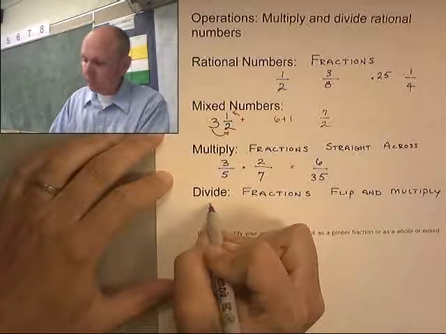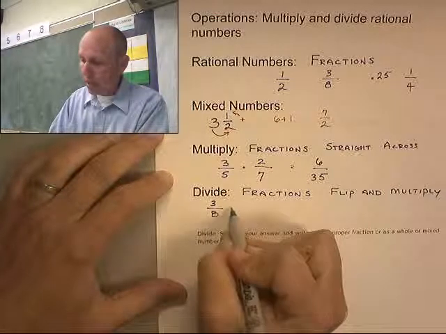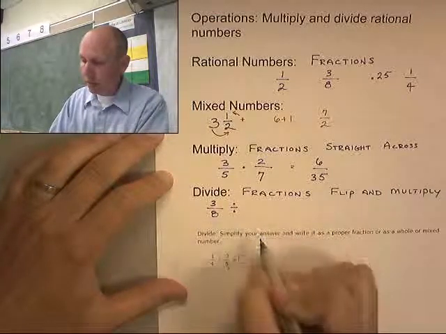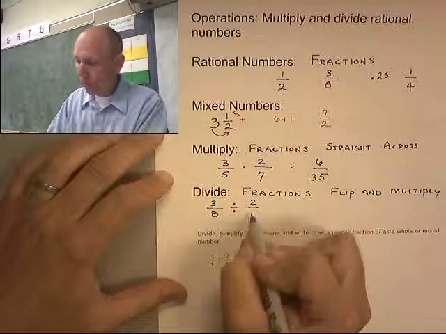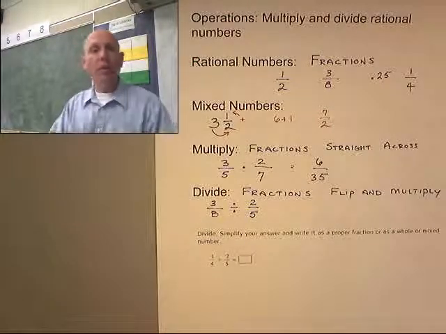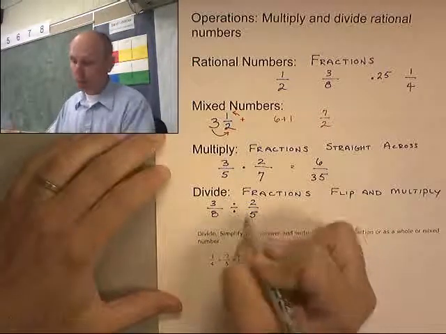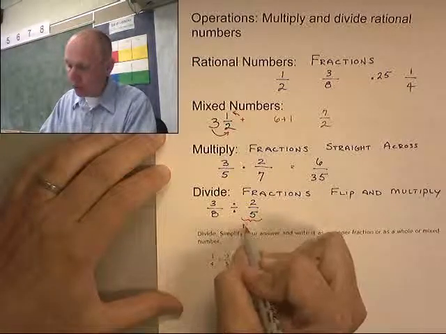If I have 3/8 divided by 2/5, what I'm going to do is turn it into a multiplication problem by flipping the second fraction. So I'll flip this one.